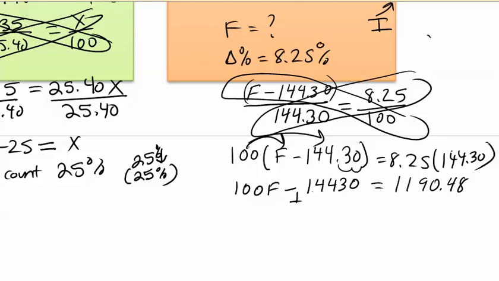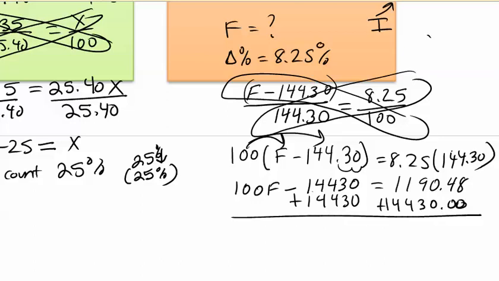So plus 14430 plus 14430. Make sure all of your decimal places line up correctly.